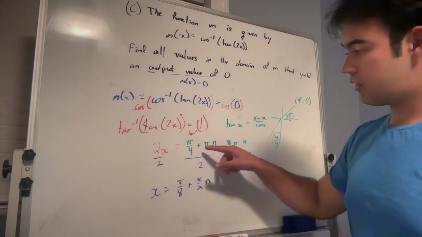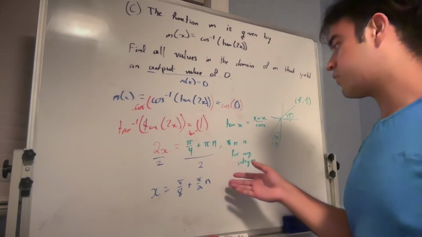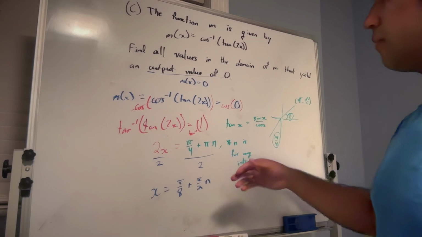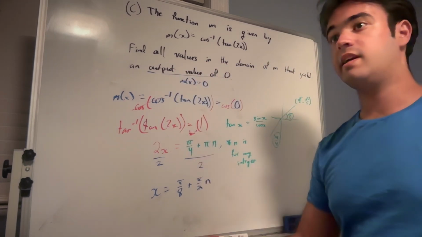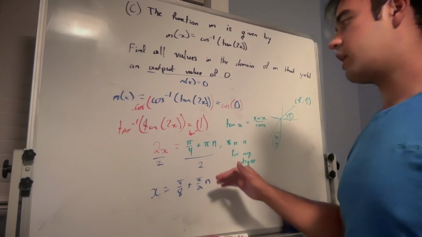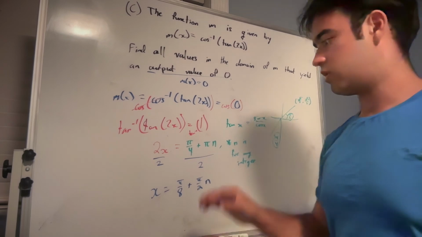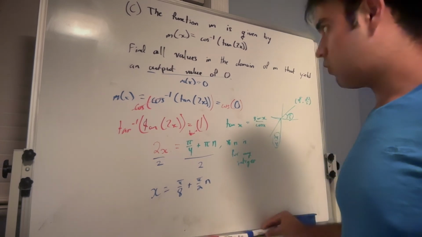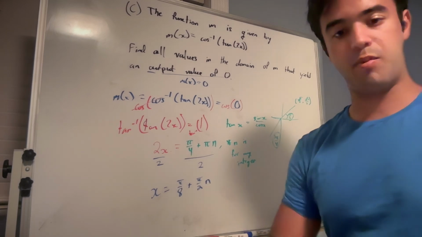Including this second part, the plus the coefficient and n, you get that second point because it's asking for the domain of m, which means any angle measure that you plug into the argument of tangent that would give you 1. So yeah, that's how you would do FRQ number 4 on the AP Precalculus exam.